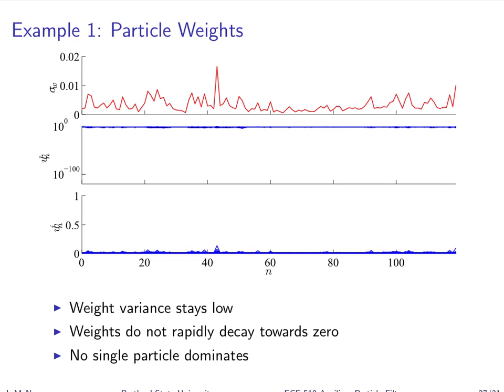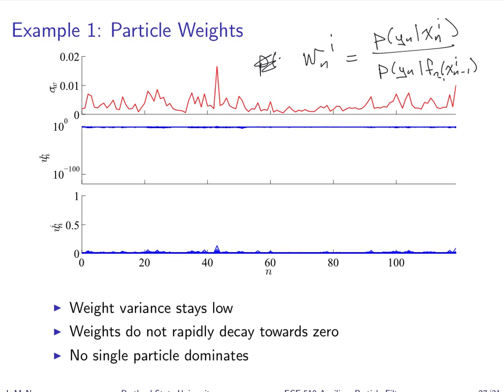I just don't know. When we did the math before, we saw that the weight of the ith particle at time n, I believe, was equal to the likelihood of the ith particle divided by p of y_n given, if we were to advance the particle's parent forward in time, x_{n-1}^{(i)}. I'm doing this from memory now, so I might be doing this wrong.